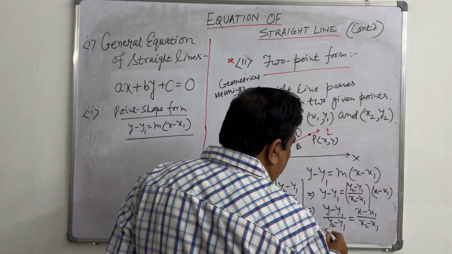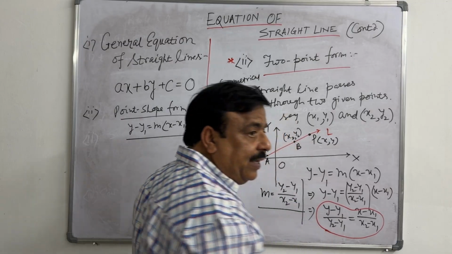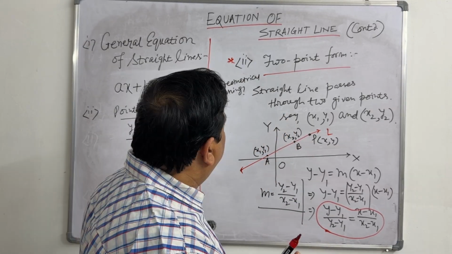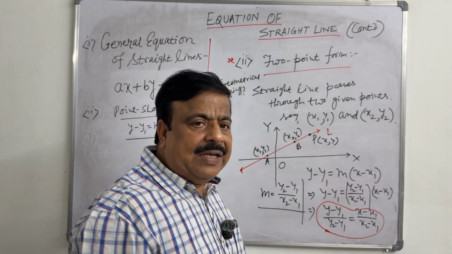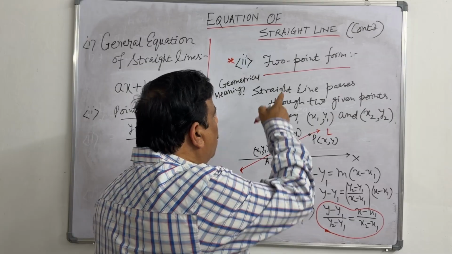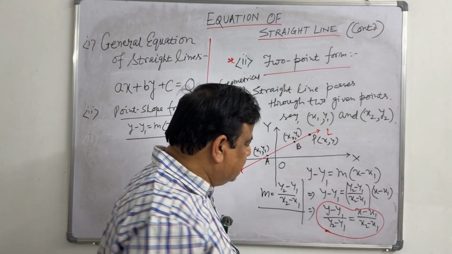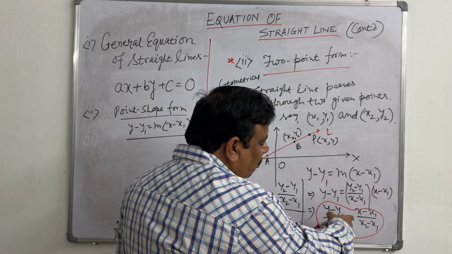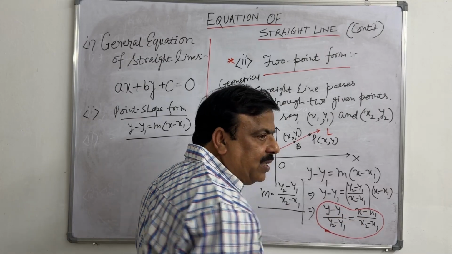This is the answer of why and how. So it is very clear why the equation of 2-point form of a straight line is this.